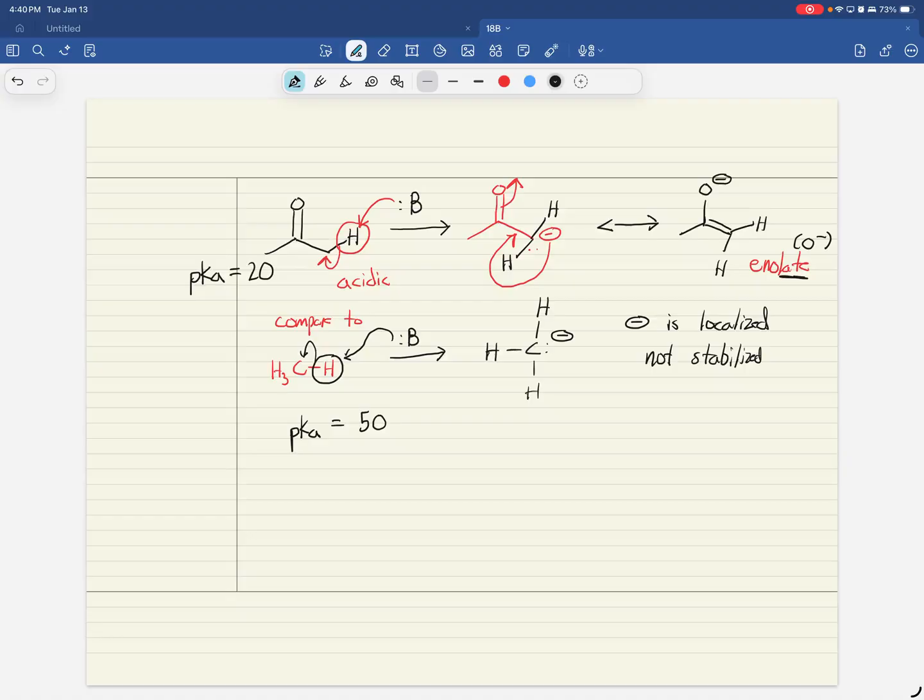Yeah, alkene. So this is an alkene. Well, there's oxygen here, and it's negatively charged. It probably wants to get rid of that negative charge. So this form of the molecule is actually a great nucleophile.